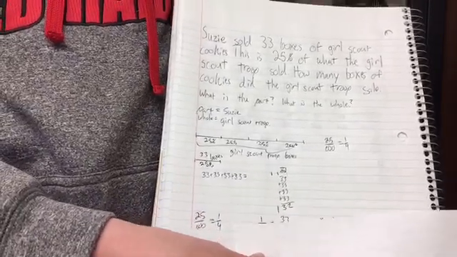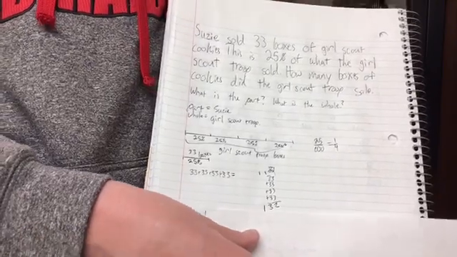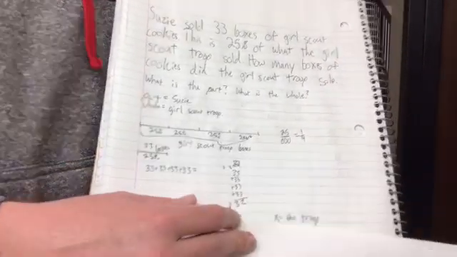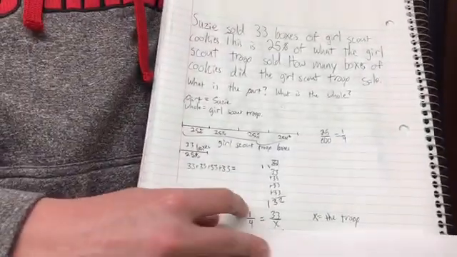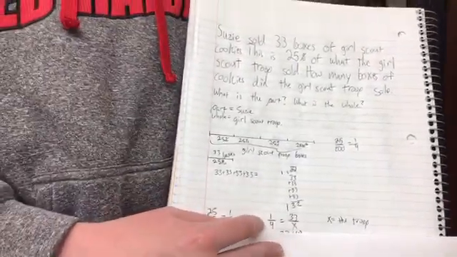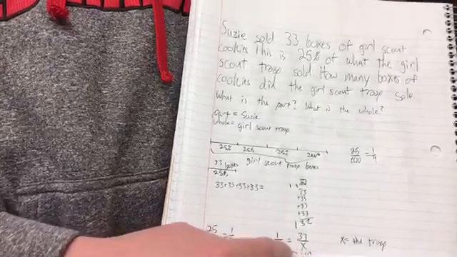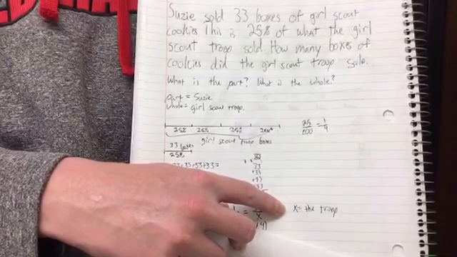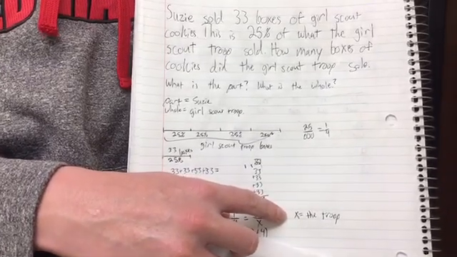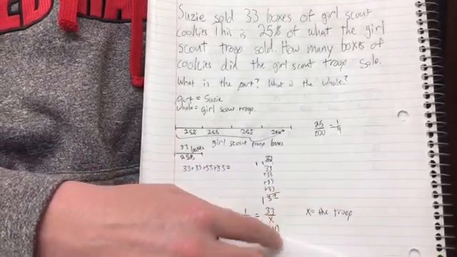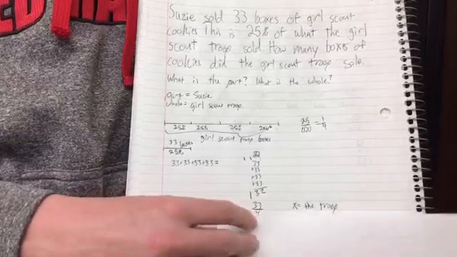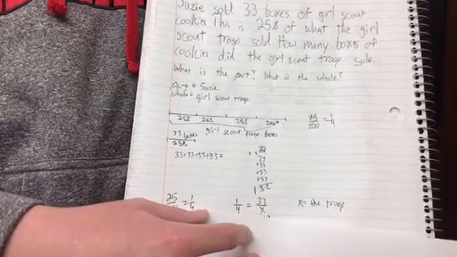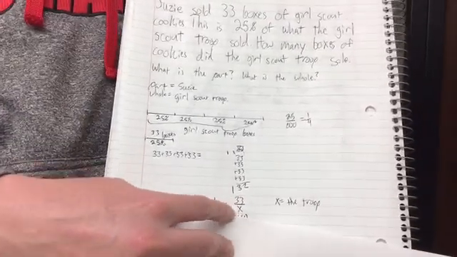So, since Susie is a part, we can have 1/4 equal to 33 over X, with X being represented as the group, the Girl Scout troop.